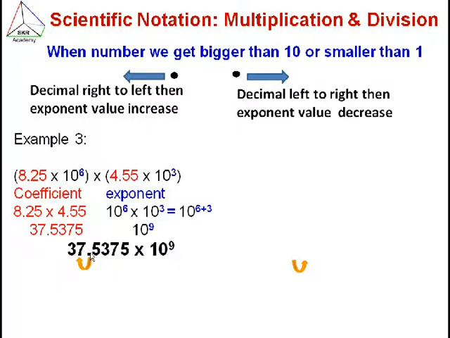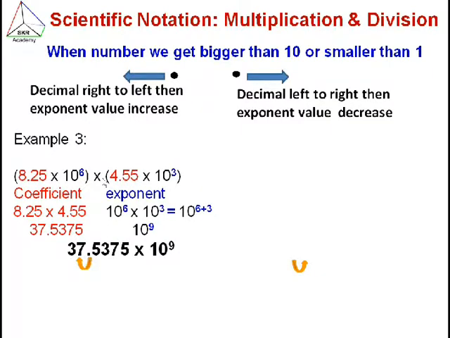But here, according to the scientific notation rule, we always place the decimal after the first integer, or after the first non-zero digit. So we have to move this decimal, sorry, right to left, we are moving this decimal right to left.